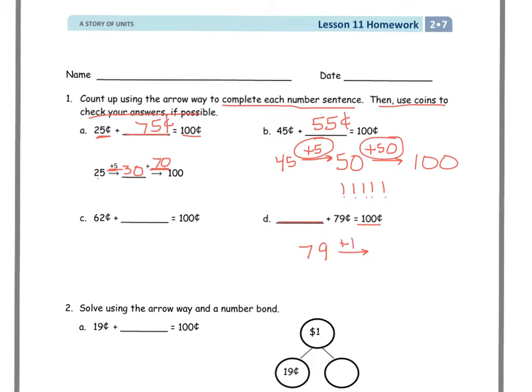I know if I add a penny or 1, I'll get to 80. And then if I count from 80 by tens, I can go 90, 100. So I'm adding 2 tens, which is 20. And that'll get me to 100. So now I just add 20 and 1 to get 21 cents.